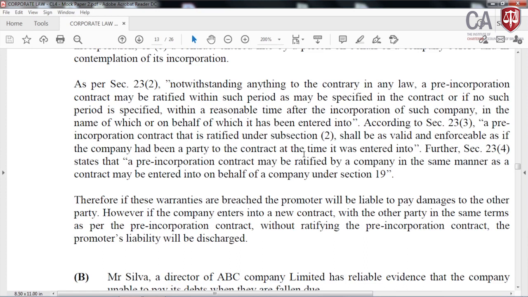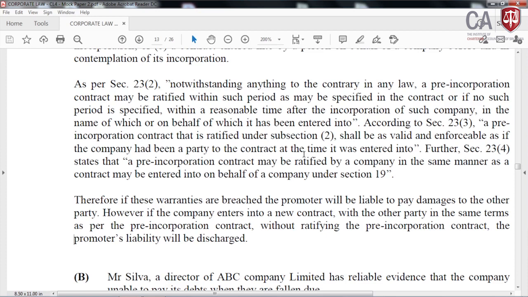Therefore, now we are coming to the conclusion of the answer. If these warranties are breached, the promoter will be liable to pay damages to the other party. However, if the company enters into a new contract with the other party in the same terms as per the pre-incorporation contract, without ratifying the pre-incorporation contract, the promoter's liability will be discharged.